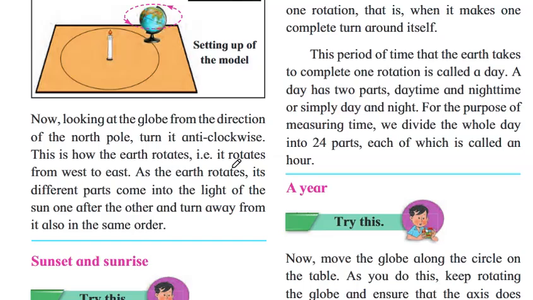As the Earth rotates, its different parts come into the light of the sun one after the other and turn away from it also in the same order. Sunset and sunrise.